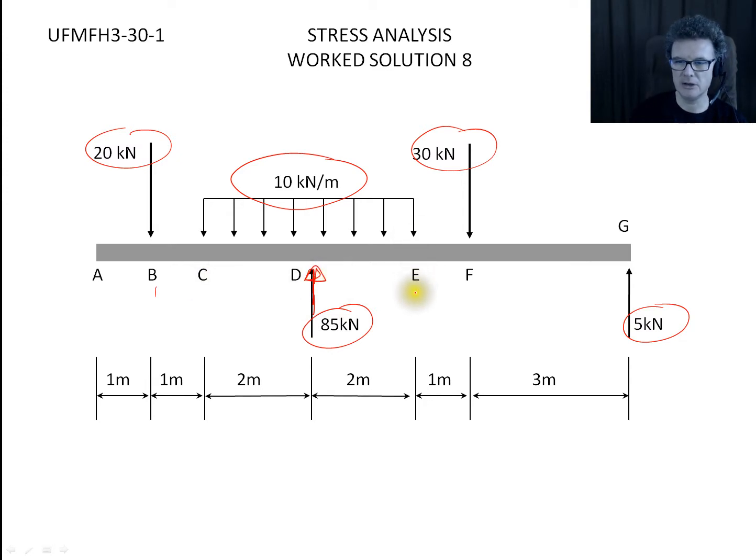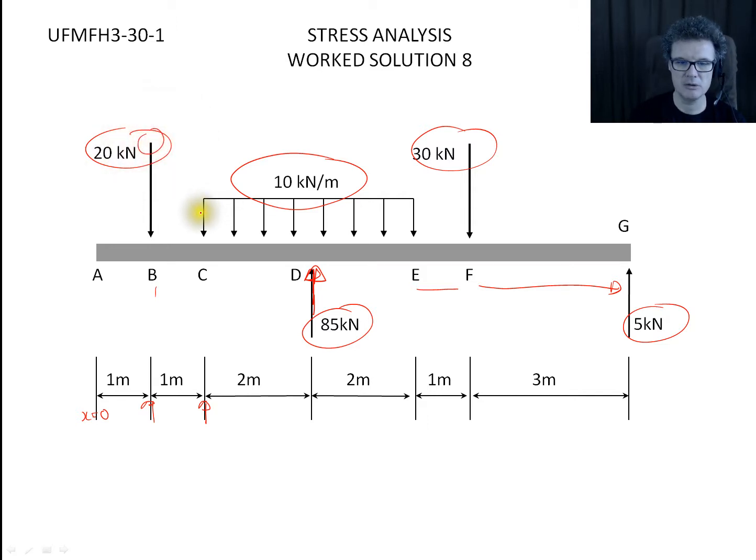Then the UDL finishes at the E position, so we then move on to F, where there's our next load, and then finally from F to G for our final load. Things have been nicely coincidentally arranged at whole numbers of distances from the x equals 0 position here, so I know that this force here will be applied at x equals 1.